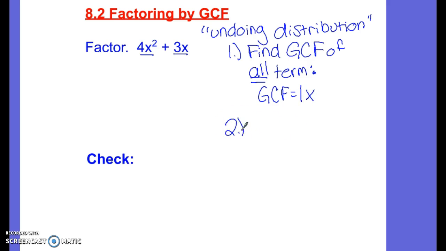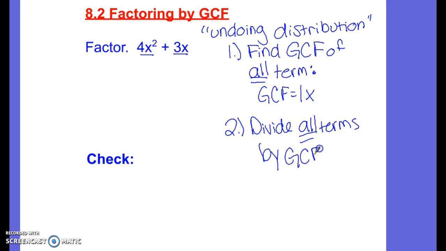The second step is to divide, because essentially you're taking it out. Divide all terms by the GCF. Your final answer, the way that you write your answer, is going to be GCF times, and I call them your leftovers.